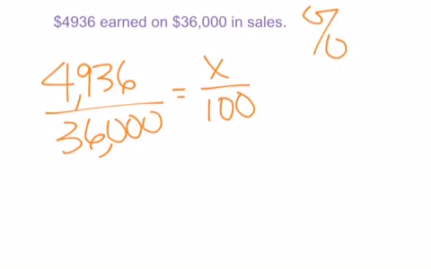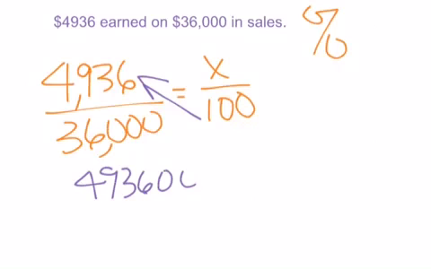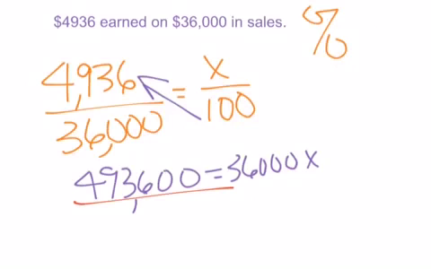Okay, let's cross multiply here. So that's going to be 4936 with some zeros on there equals 3,600,000. All right, we're going to divide by 36,000.